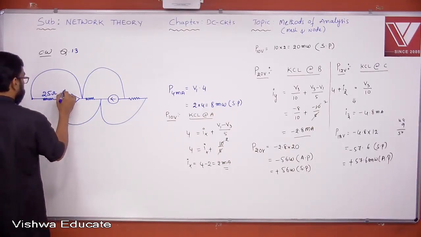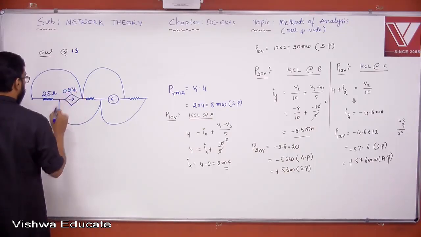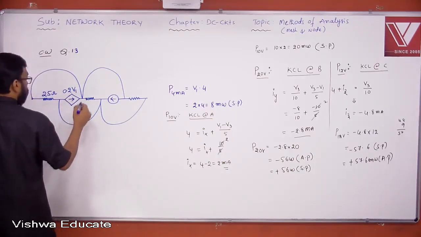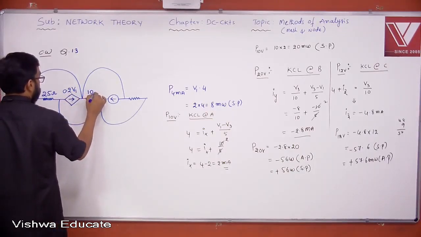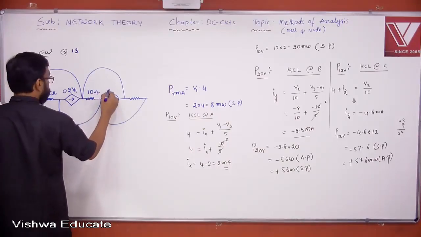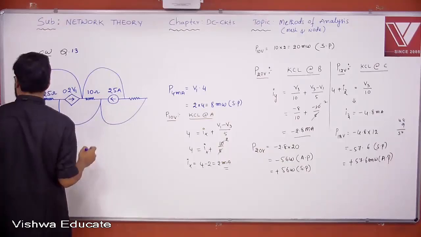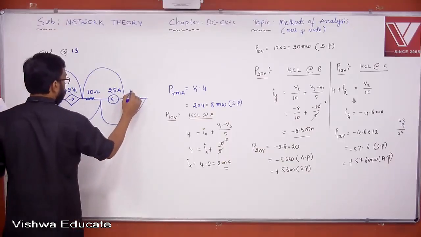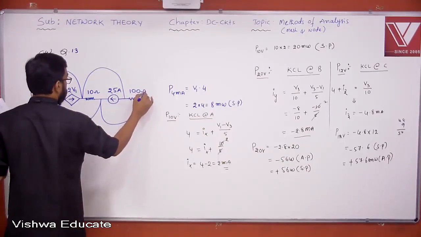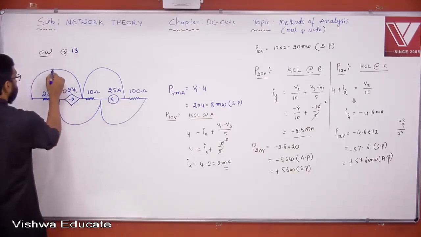0.25 ohm, 0.2 V1, 10 ohm, 25 ampere, 100 ohm.